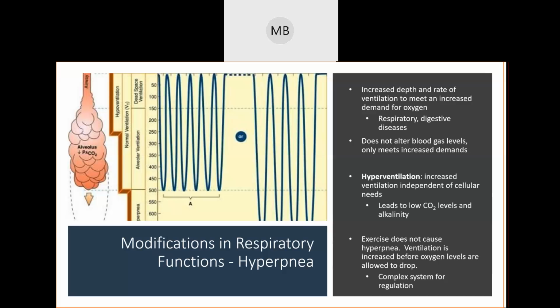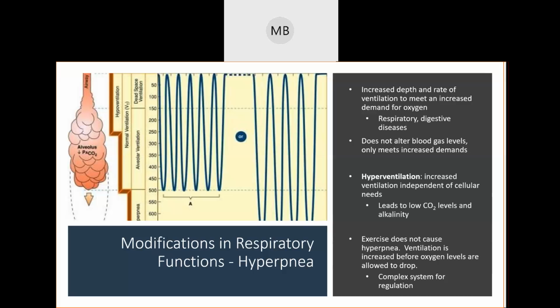Hyperventilation, though, is uncontrolled inhaling and exhaling, regardless of what your body actually needs. So you don't even have to be exercising. You may be just sitting on the couch and suddenly having a panic attack and you're sitting there hyperventilating. Your cells don't need the added oxygen. You're just freaking out and breathing quickly, right?